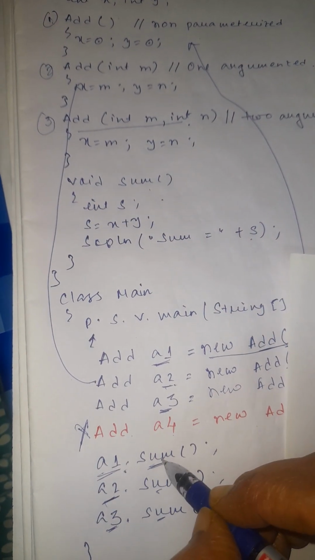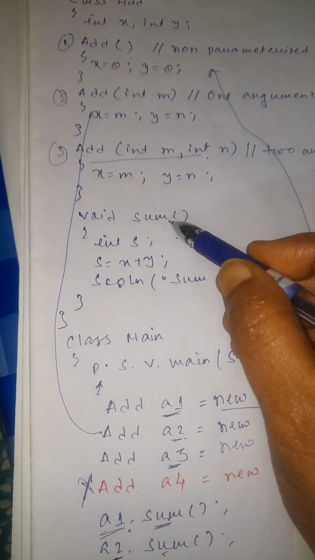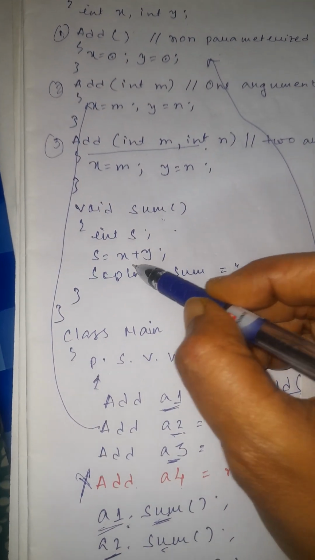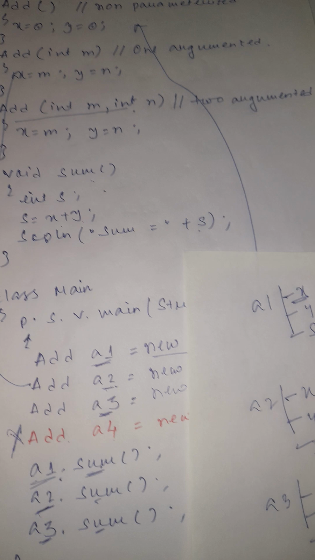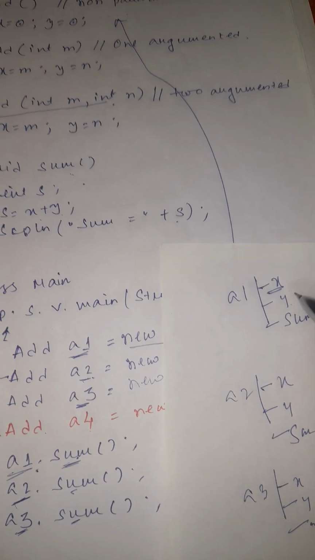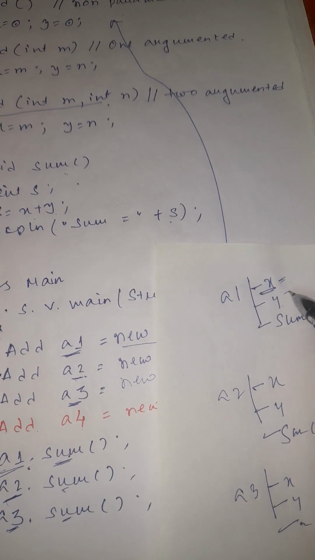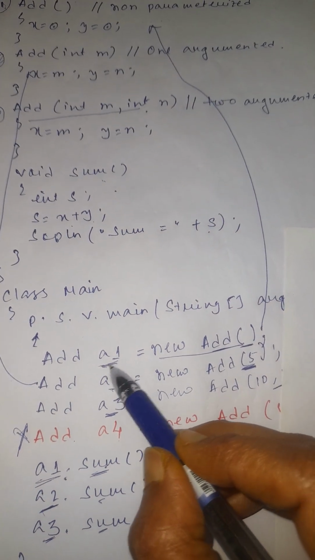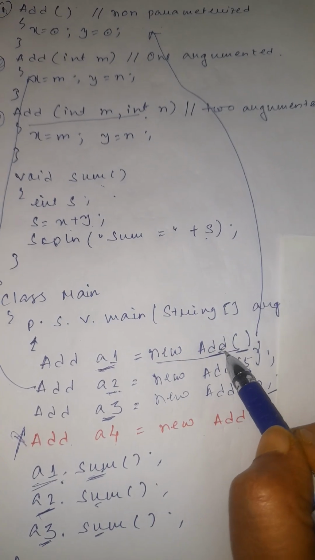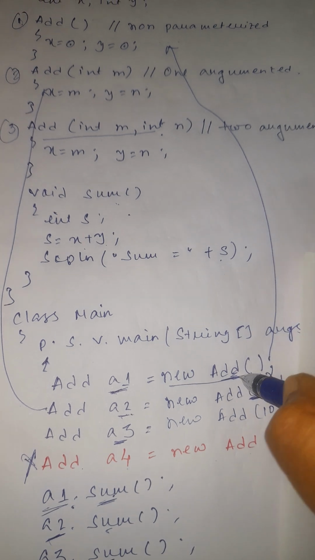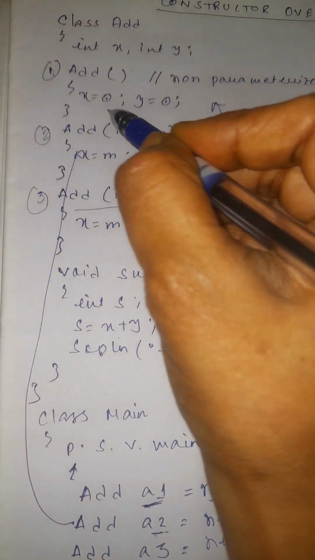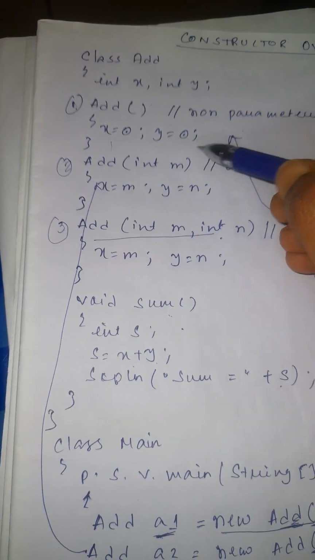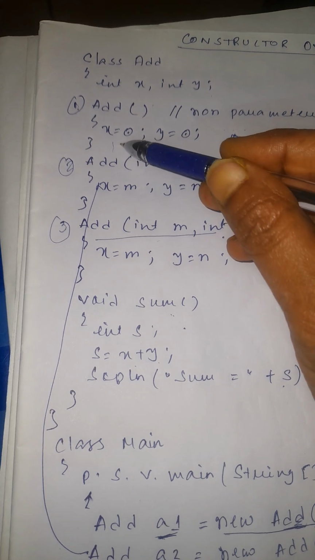Now a1 dot sum. This sum function will be called with the help of a1, so these x and y mean a1 dot x and a1 dot y. What are the values of x and y? When I created the object a1, I called the add zero-argument constructor. This constructor initializes the attributes of the a1 object.